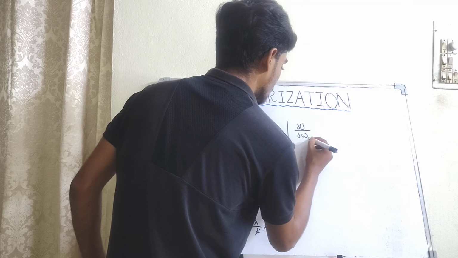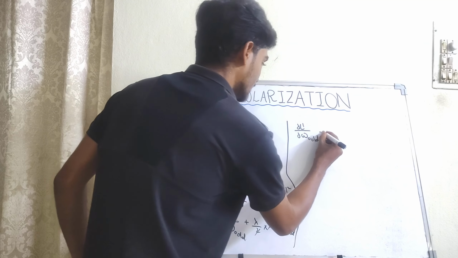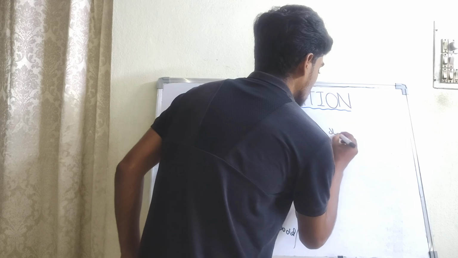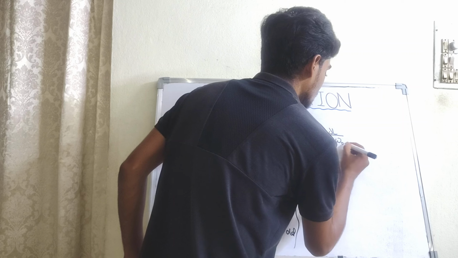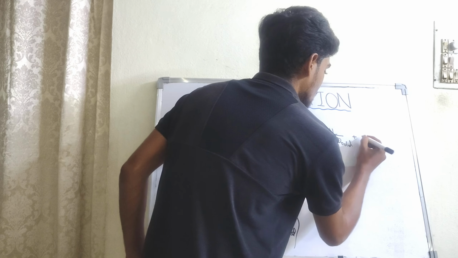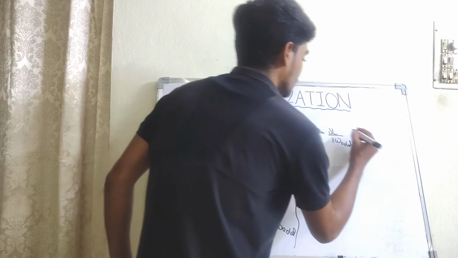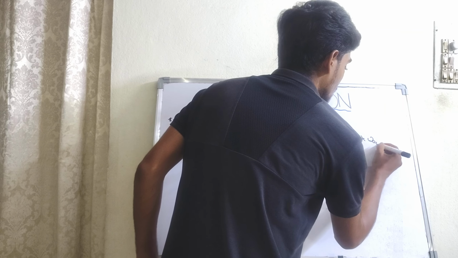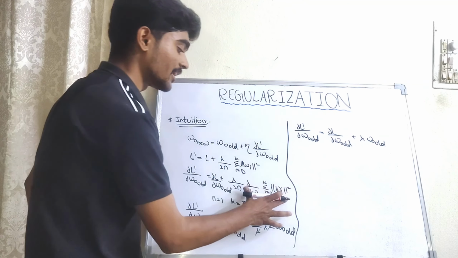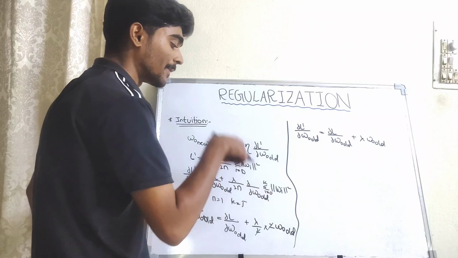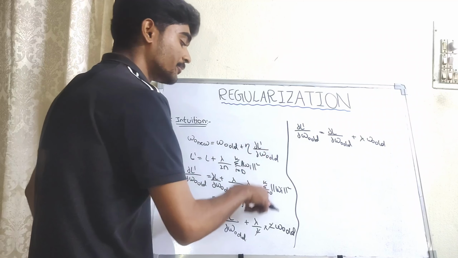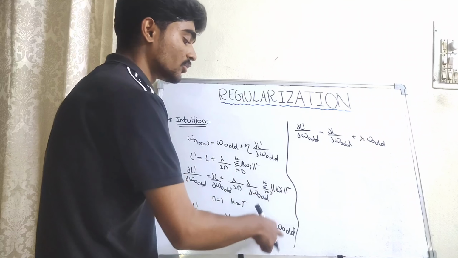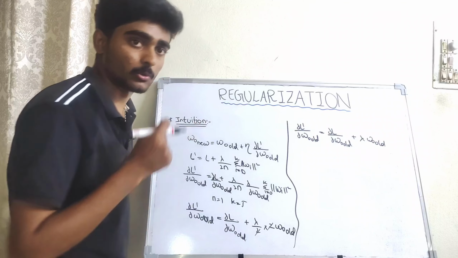Finally this becomes dou L dash by dou w naught old is equal to dou L by dou w naught old plus lambda into w naught old. My rest of the weight values have become 0 because I am doing the partial derivative with respect to w naught, so only w naught remains over here.